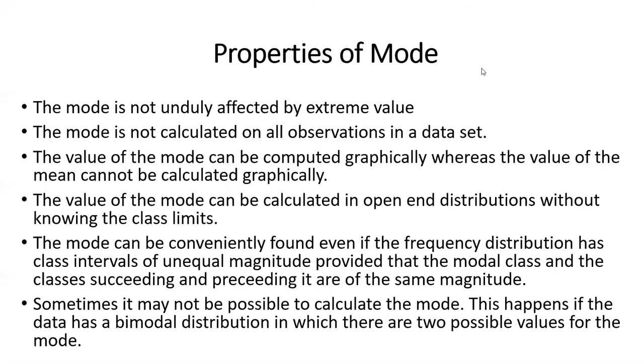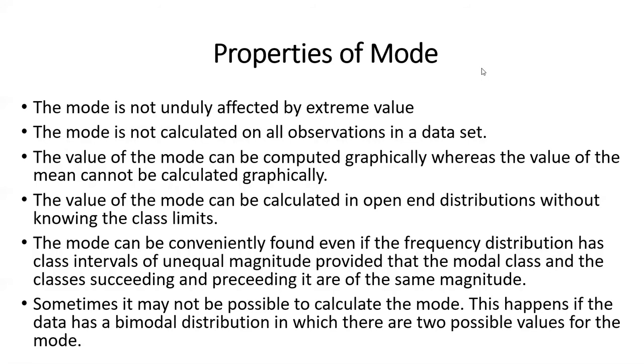Then the third point is that the value of the mode can be computed graphically, whereas the value of the mean cannot be calculated graphically. The value of the mean can't be represented graphically, but by using the histogram, you can find out the value of the mode graphically. The value of the mode can be calculated in open distribution without knowing the class limits.